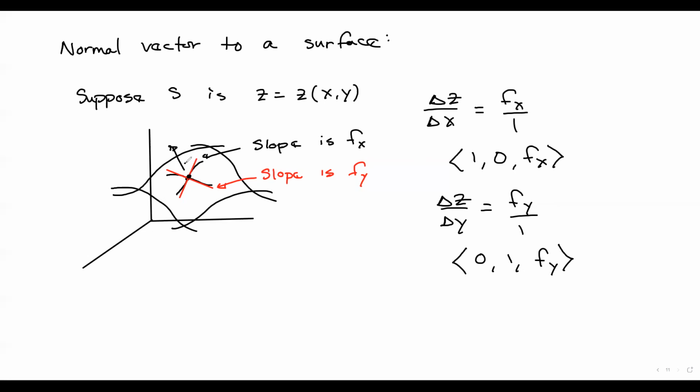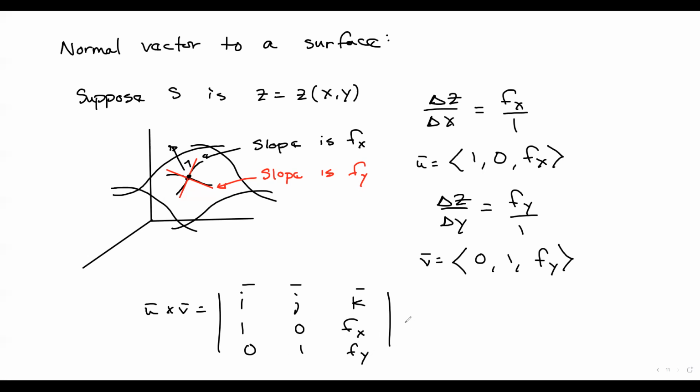And all this is review. This is covered in the tangent plane video, so you could go back and watch that if you want to see more information on it. But if we say, I don't know, this is u and this is v, then u cross v equals, we need i, j, k, then 1, 0, partial with respect to x, 0, 1, partial with respect to y.